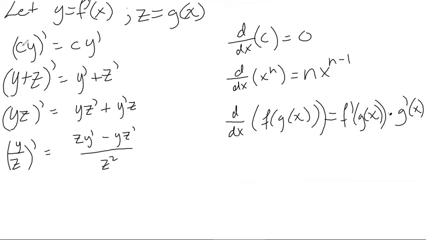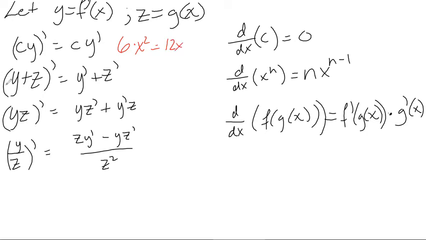If you have a constant represented by c, multiplied by a function, so let y be f of x and let z be a different function g of x, and we're getting its derivative, so let's say 6 times x squared, the derivative here would just be the derivative of the x squared value, which we already found to be 2x, times c, which is the constant. So this would just be 12x.